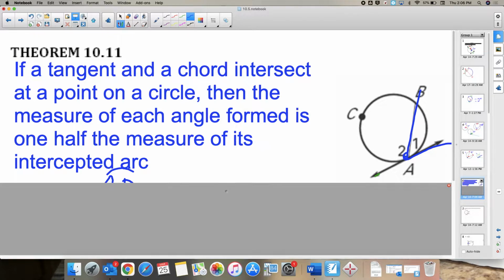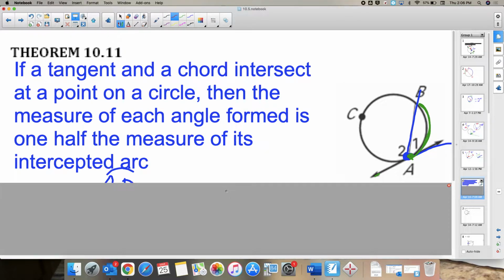If a tangent and a chord intersect at a point that is on your circle, then the measure of each angle formed is 1/2 the measure of its intercepted arc. So angle 1 is going to be 1/2 of arc AB. However, there is another part to this.